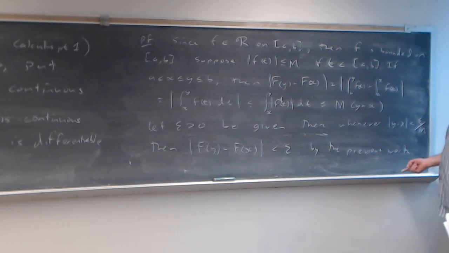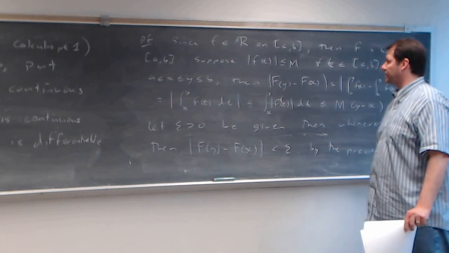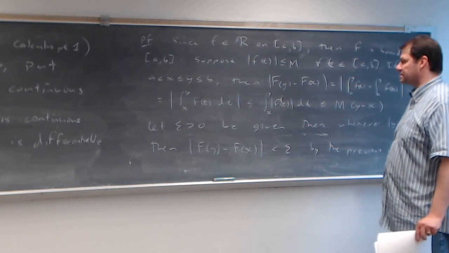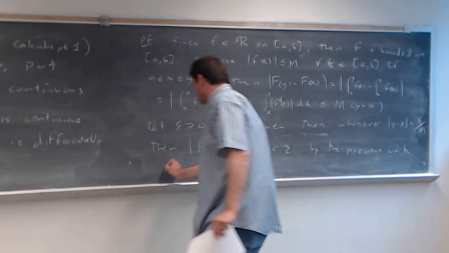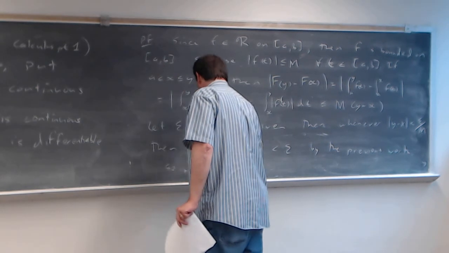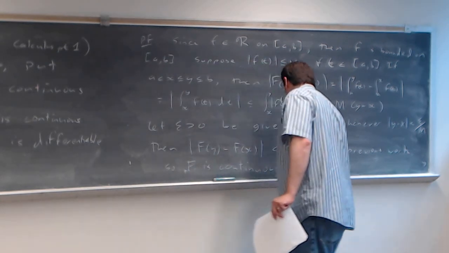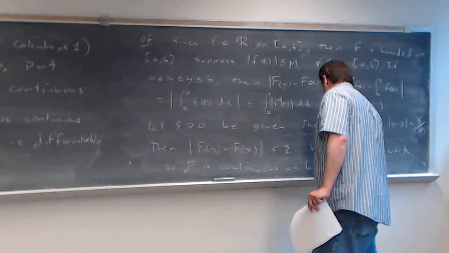And that says that F is continuous at x, and x was just an arbitrary point in a to b. And so this means F is continuous on a to b. That's part of what we wanted to get.